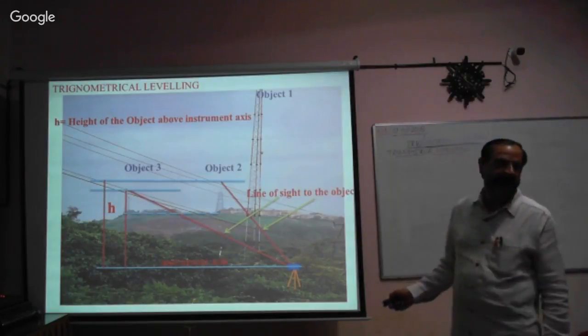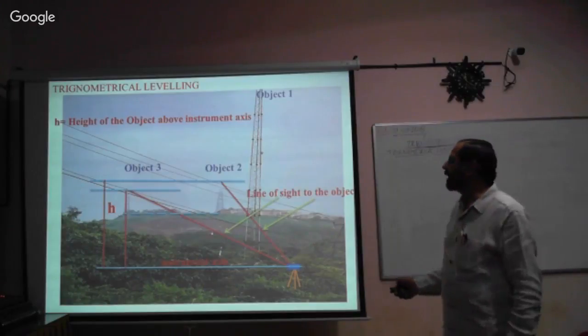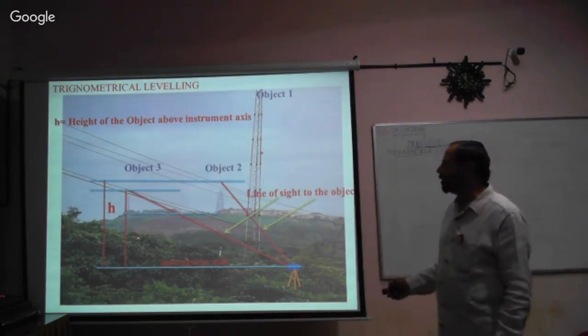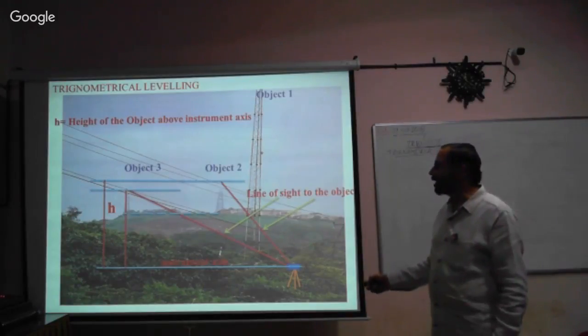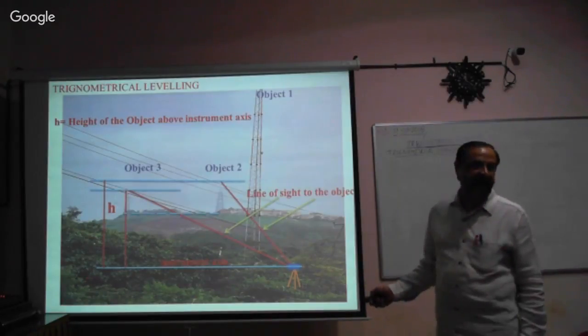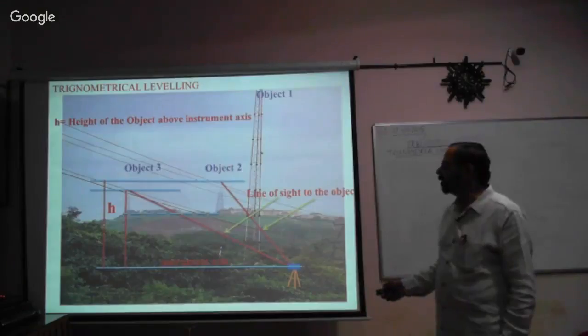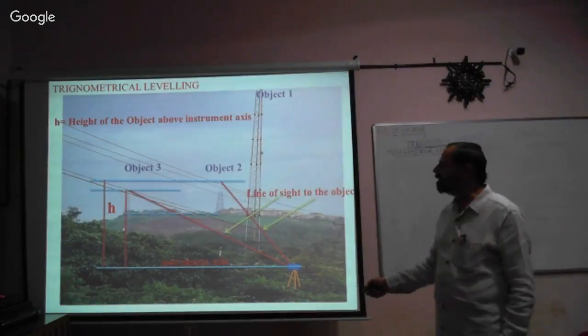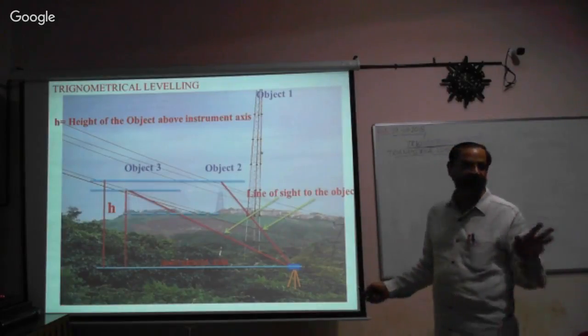Please remember, height here is not the height of the object; it is the elevation of the object above the instrument axis. With respect to the instrument axis, the heights are measured. This is the height of the second object, and this is the height of the first object above the instrument axis.